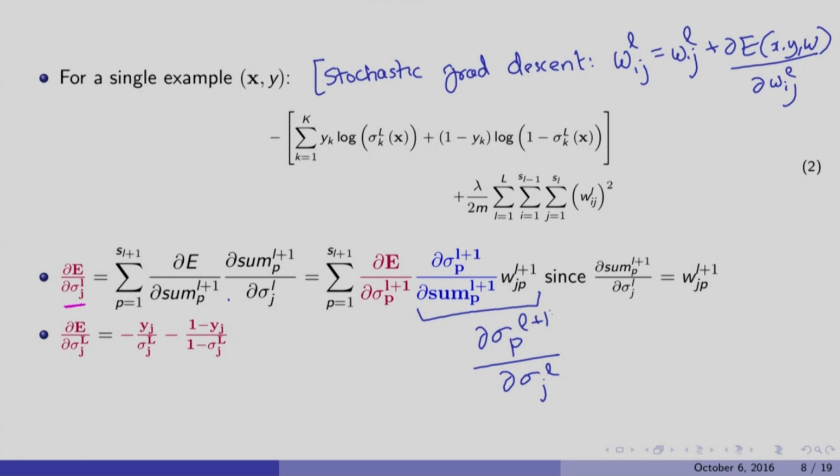And we especially note that since sigma p l plus 1 has dependence on sigma j l through the sum p l plus 1, we can further apply this chain rule.